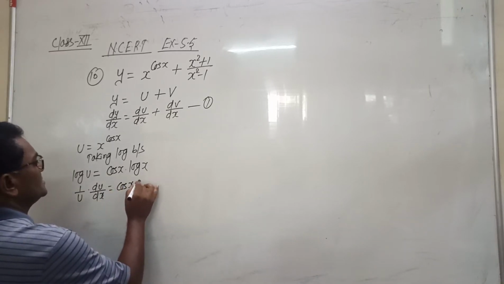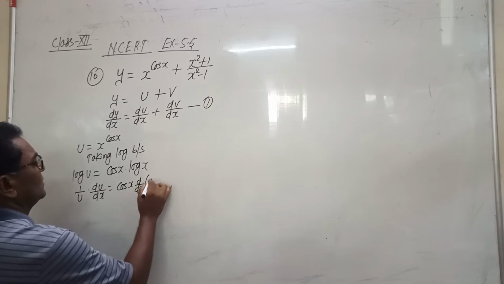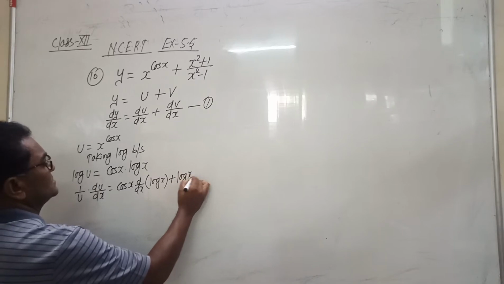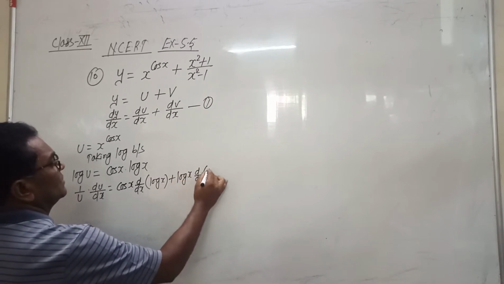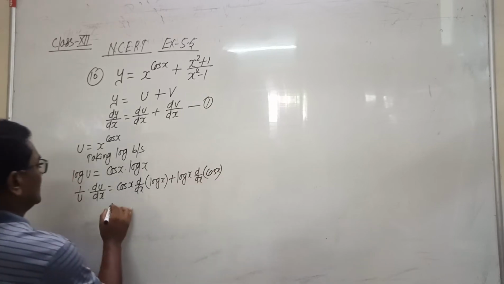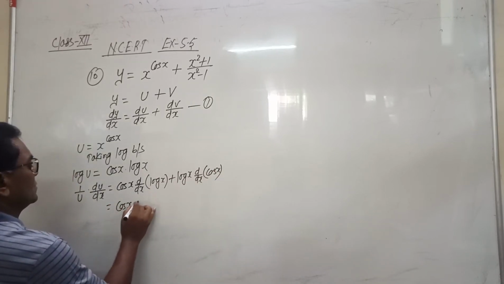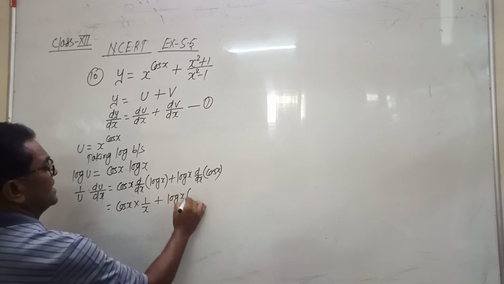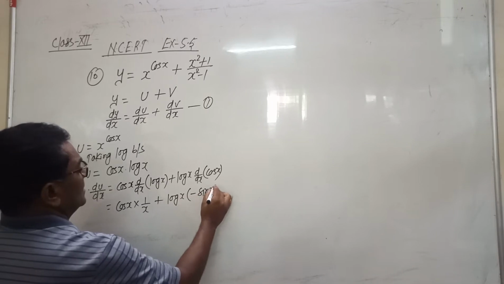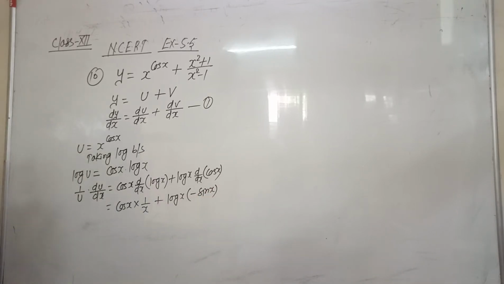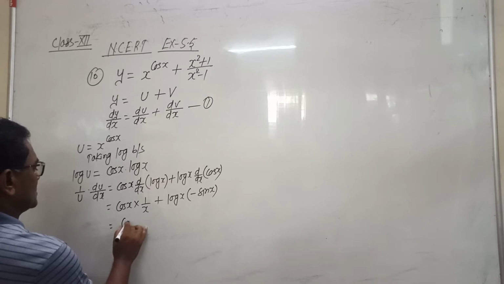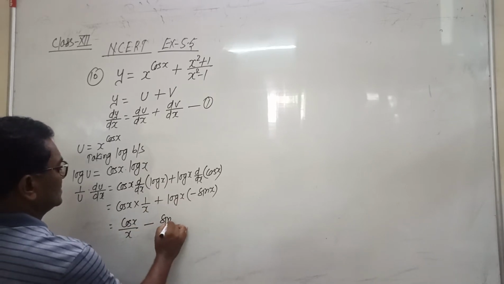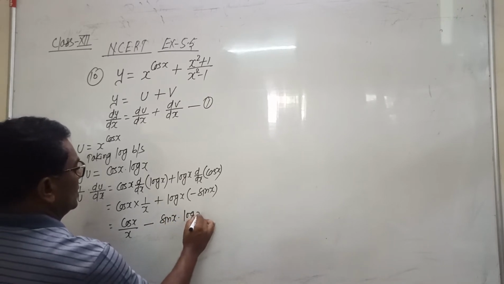So u as it is and d by dx of log x, plus log x as it is and d by dx of cos x. So cos x into differentiation of log x, 1 by x, plus log x and differentiation of cos x is minus sin x. So this becomes cos x by x minus sin x into log x.